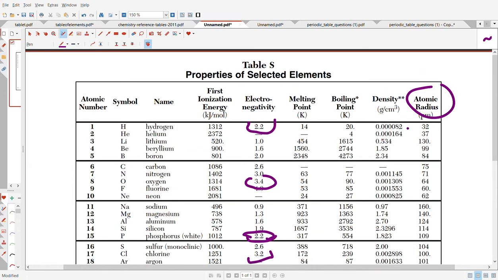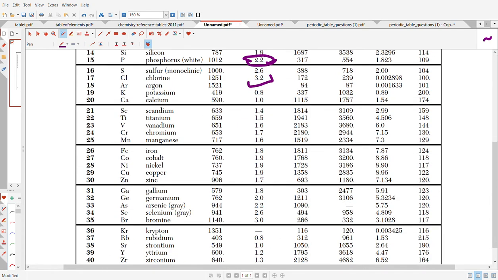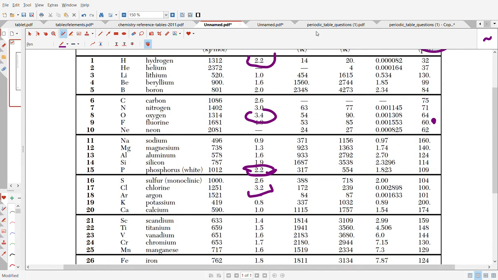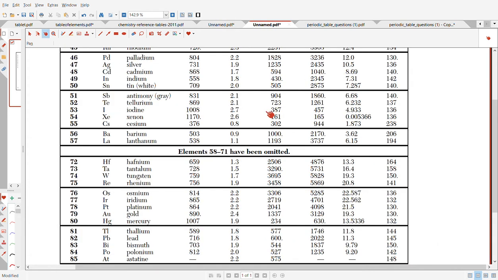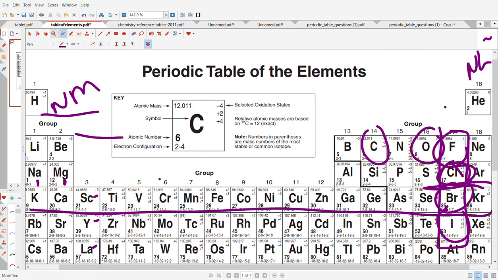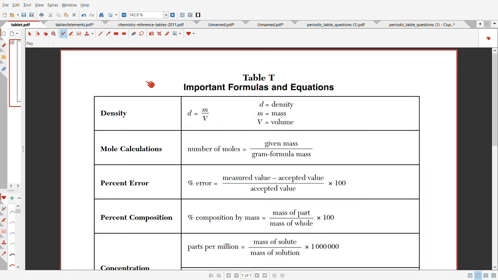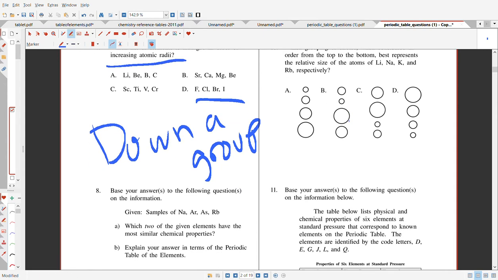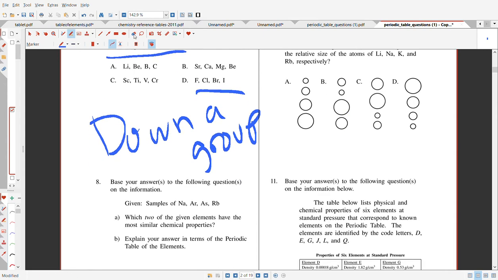So F, if we look up F, it's a 60. And I'm looking up the first guy and last guy, 136 over here. So you see that the radius got bigger. It went from 60 to 136. So that definitely got bigger.